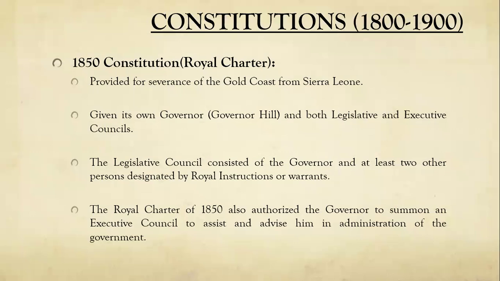The prime minister is head of the executive arm of government, and at the same time is a member of parliament, leader of government business in parliament, so to speak. Now, the Royal Charter of 1850 also authorized the governor to summon an executive council to assist and advise him in administration of government, as we have already indicated.